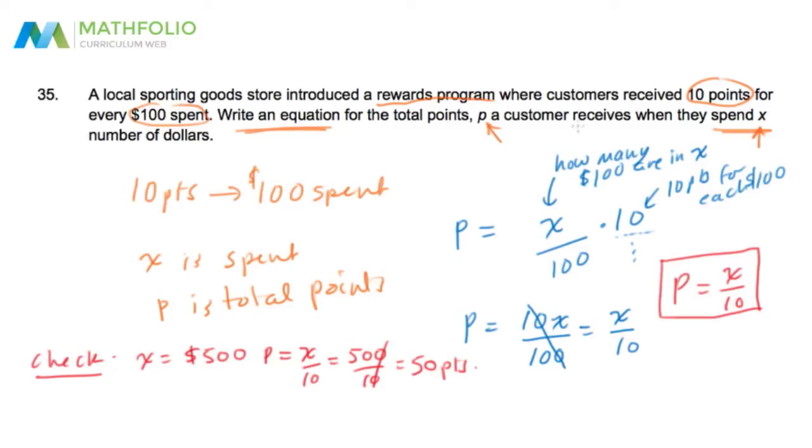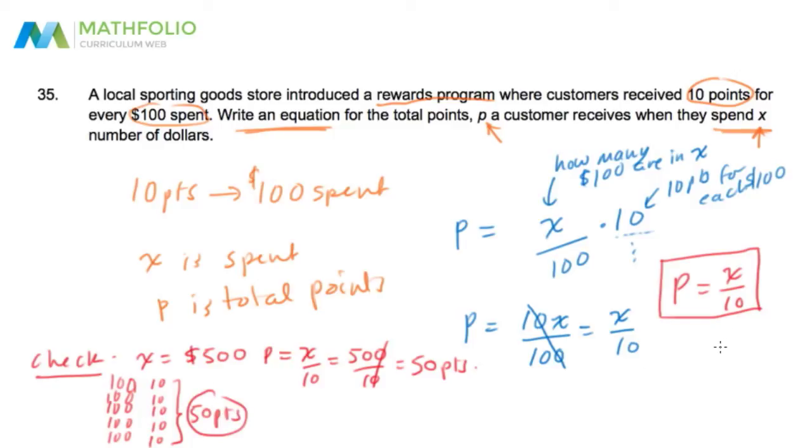We're told that they receive 10 points for every $100 spent. So this person spends 100, 100, 100, 100, and 100. That's 5 hundreds there. They spend $500 and they get 10 points for each of these hundreds. And so this does give us 50 points. So it does work, 50 points.